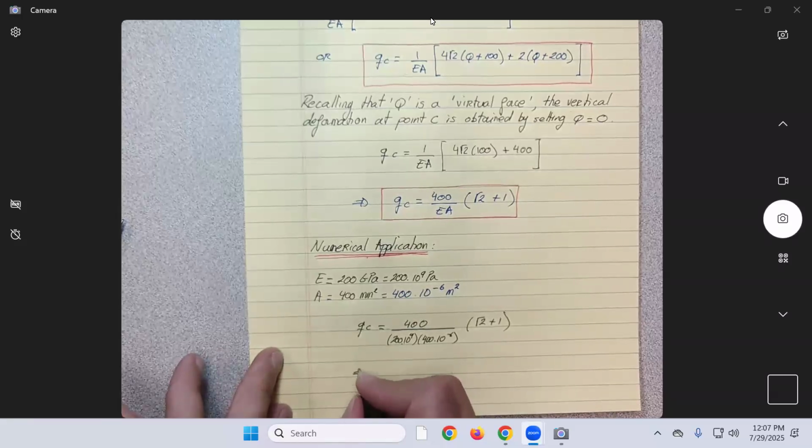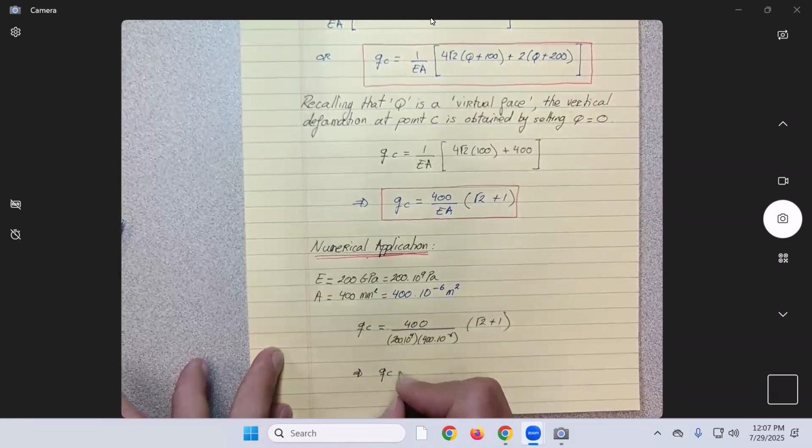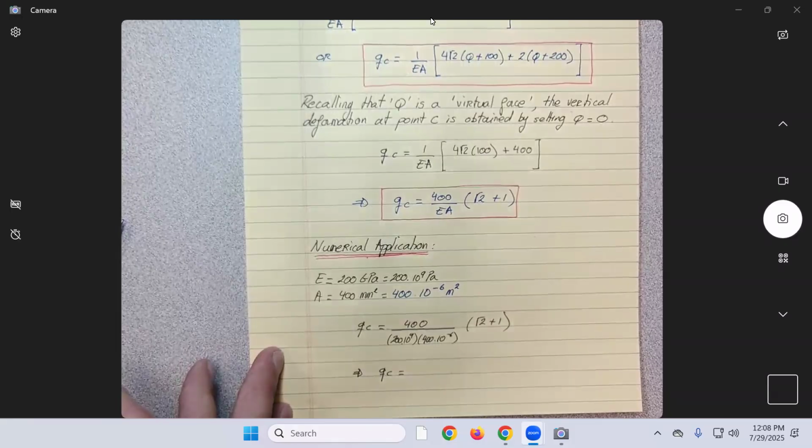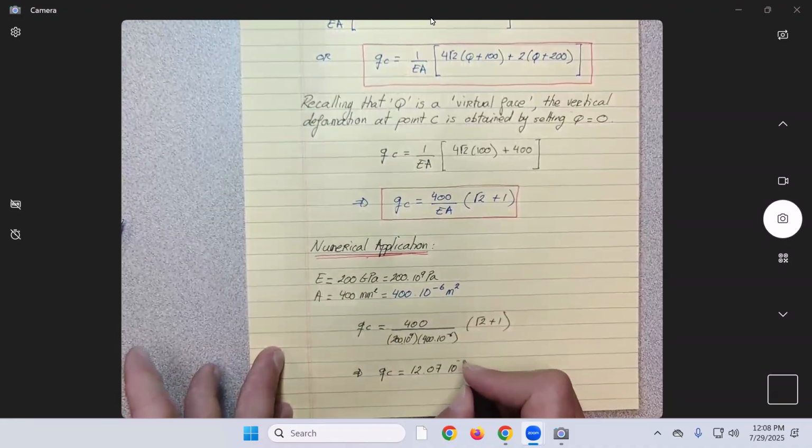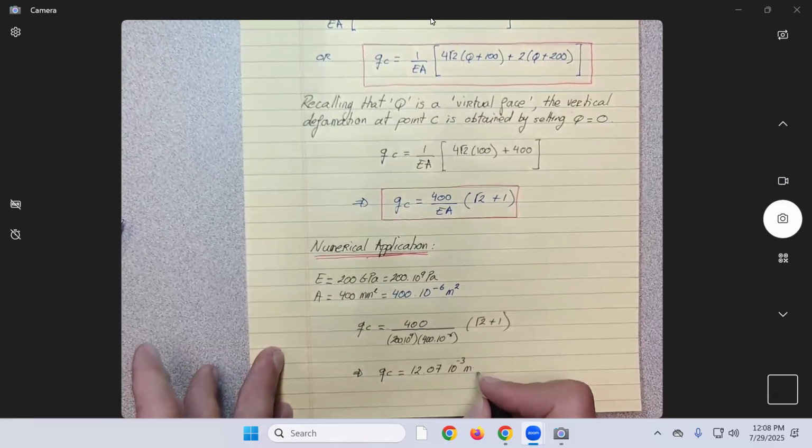So if we do the calculation, this gives you Q sub C equal to 12.07 times 10 to the minus 3 meters.